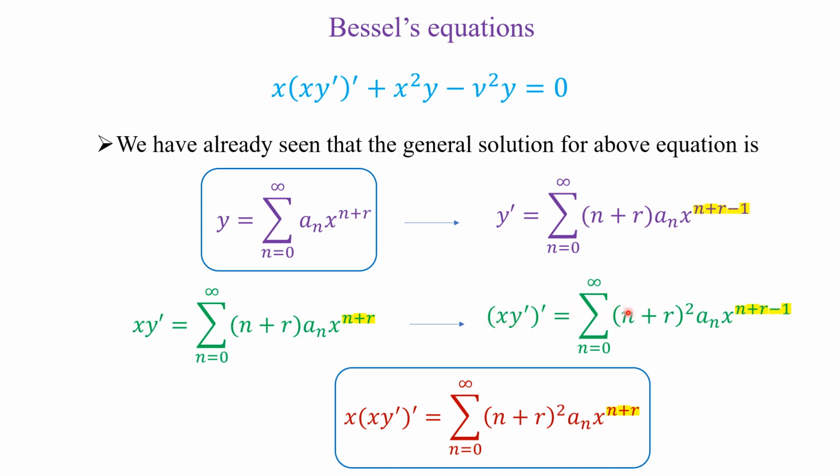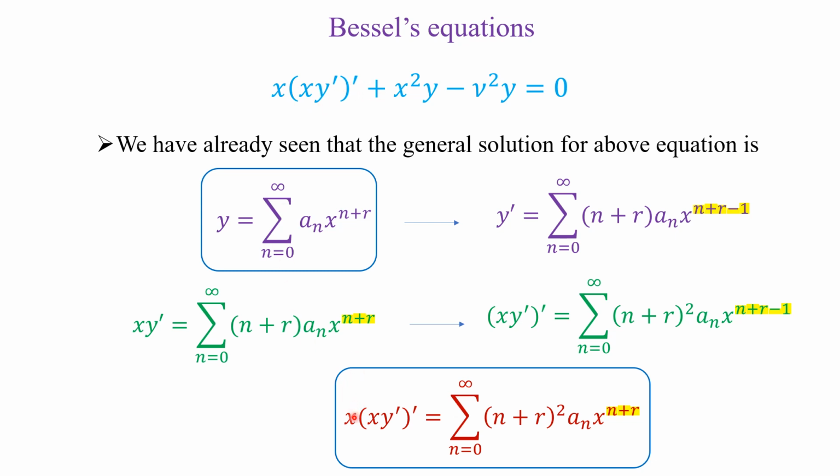If you take the derivative, see here you have x power n plus r. So if you differentiate x, it will become (n plus r) x power n plus r minus 1. So here already there is n plus r. So that will become (n plus r) whole square. And here, of course, you will have minus 1. Now, our first term is x multiplied by the (x y prime) prime.